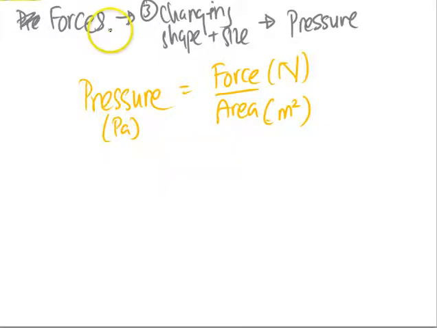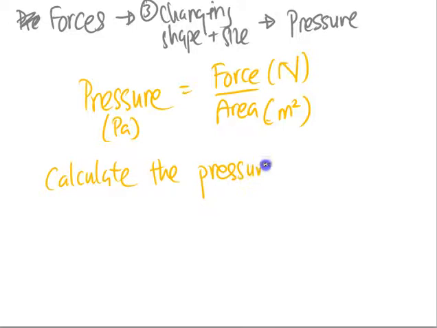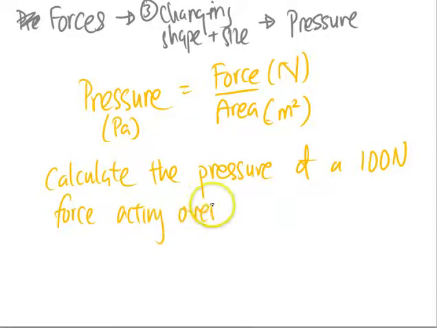So how do we go about calculating pressure? It's just relatively simple. So we always say, calculate the pressure of a 100 Newton force acting over maybe a 2 meter square area.